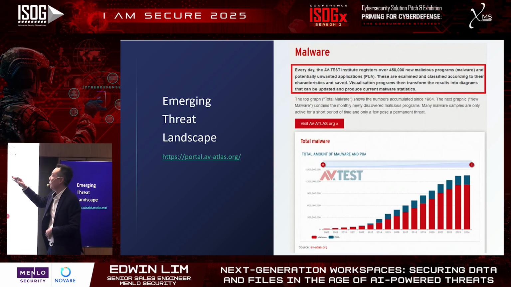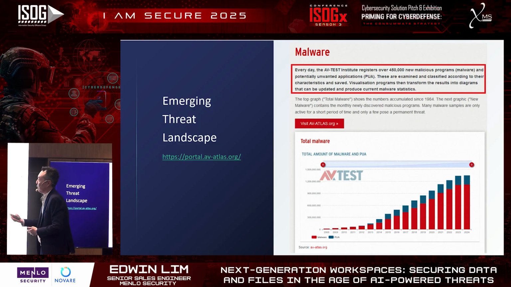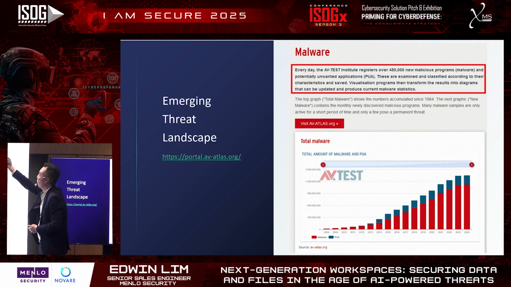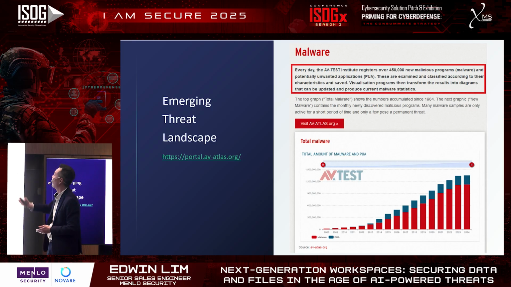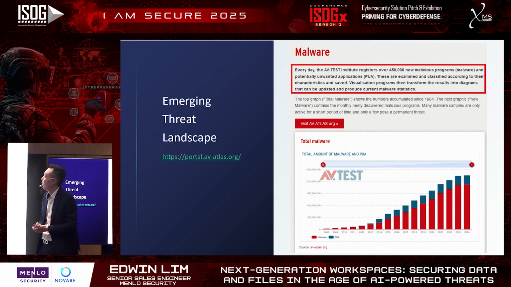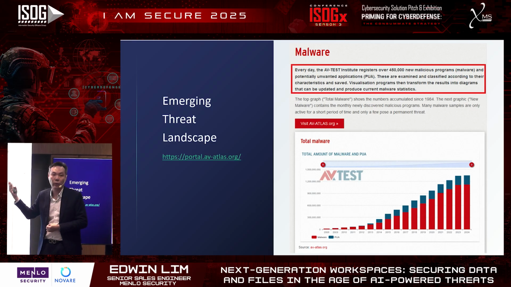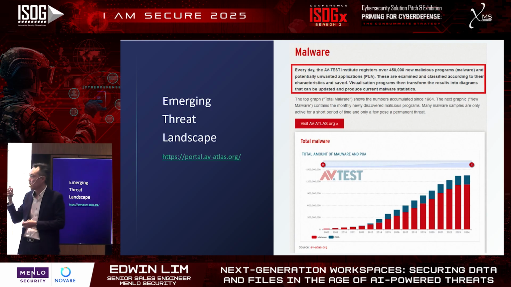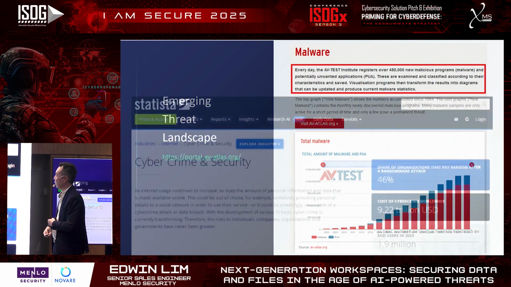Basically, this is just a threat analysis where there are more than 450,000 new malicious programs every day. So this is what is happening out there. And how does your company protect against the threats coming into the environment itself?